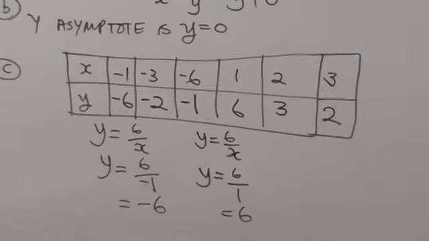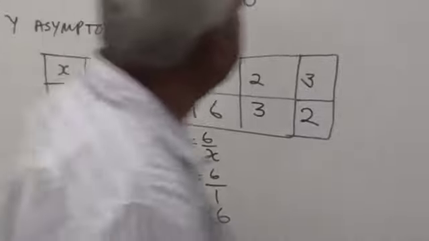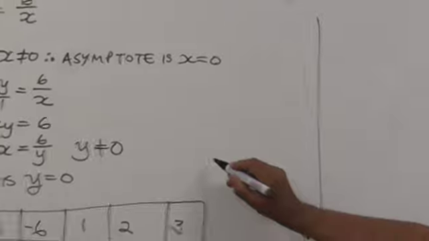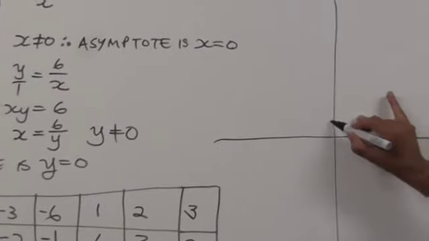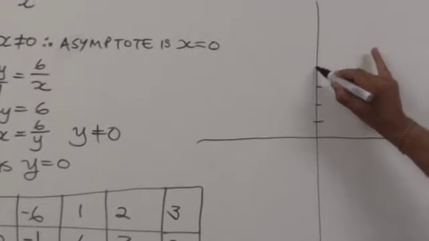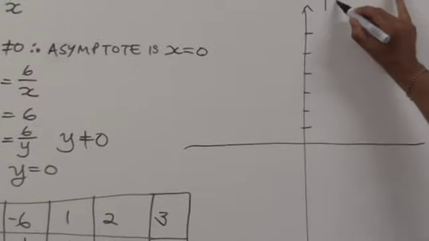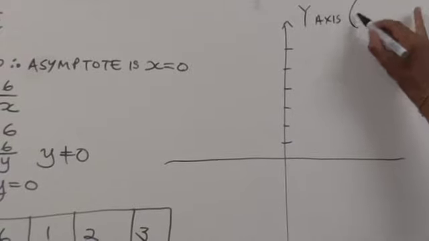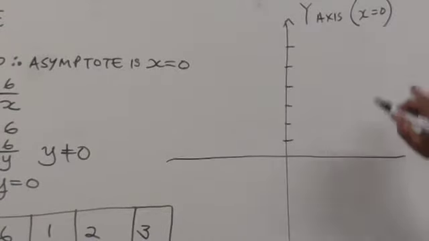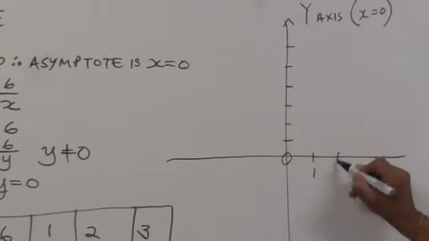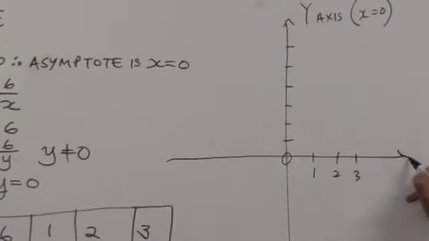Now we're going to move across and draw the graph. So you need 1, 2, 3, 4, 5, 6. That's your y-axis, and it is the graph of x equal to 0. That's your origin. And here you need 1, 2, 3.